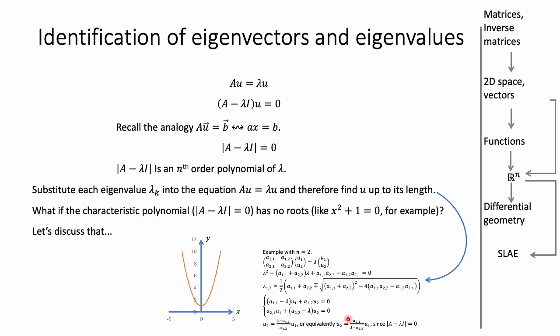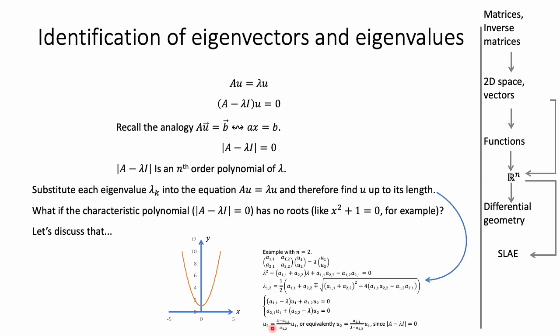So one way or another, you can use either the top equation or the bottom equation. It will result in the same proportionality between the first and the second components of the vector u.